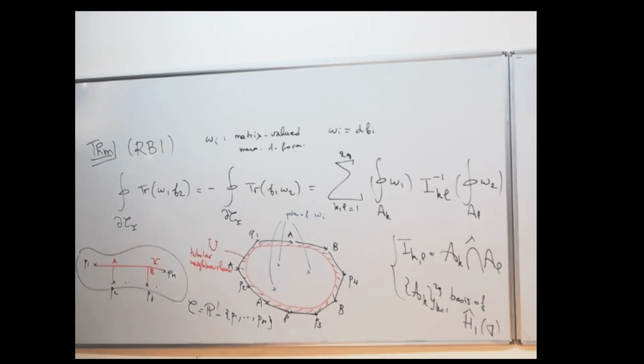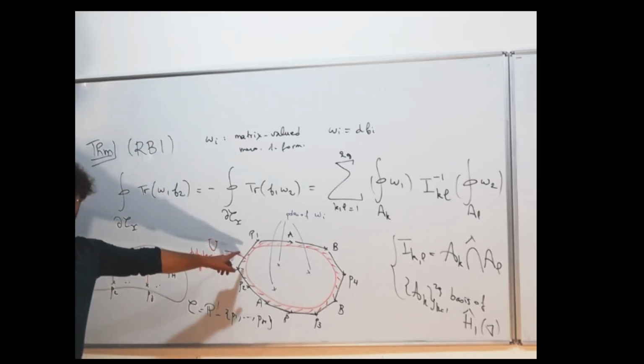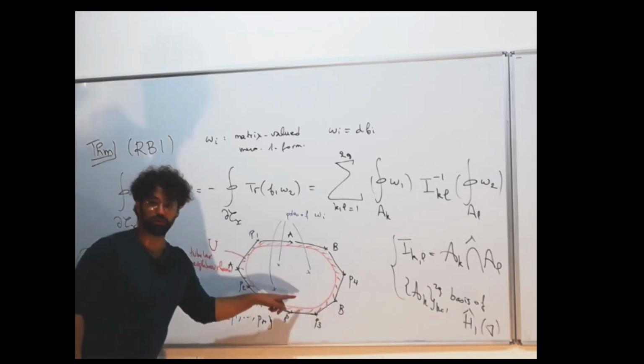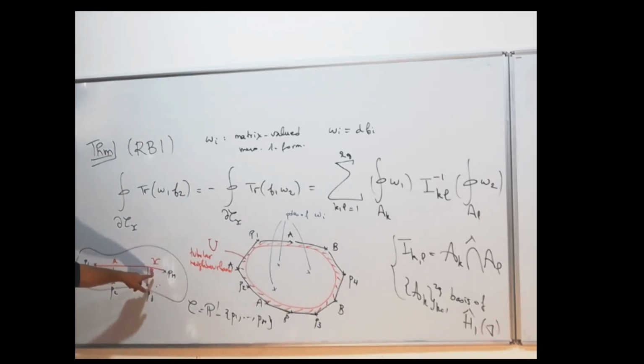Yes. How did I do the polygon? Okay, so I just started from P1 and I followed it on one side. So P1 to A to B to P_M, here it's M equals 4, then back to B, and so basically I just follow the thing here. Yeah? Any other question?